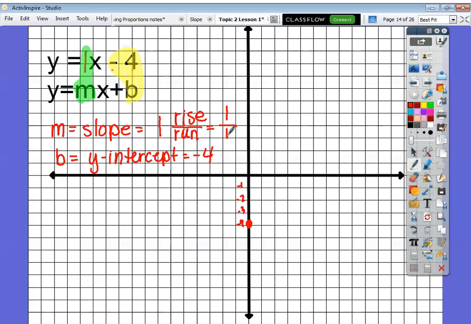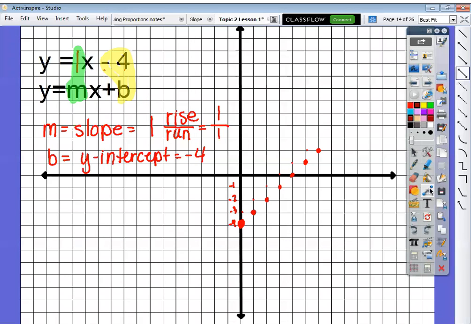So watch what I do. I start at the beginning, the y-intercept, and from this point, I'm going to put in my slope. Up 1, right 1, up 1, right 1, and so on. I could go for days and days and days, but I'm going to stop.